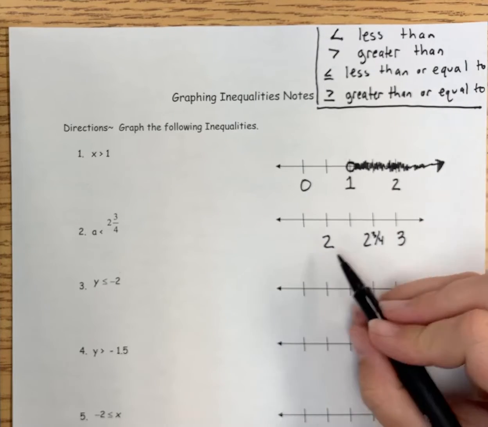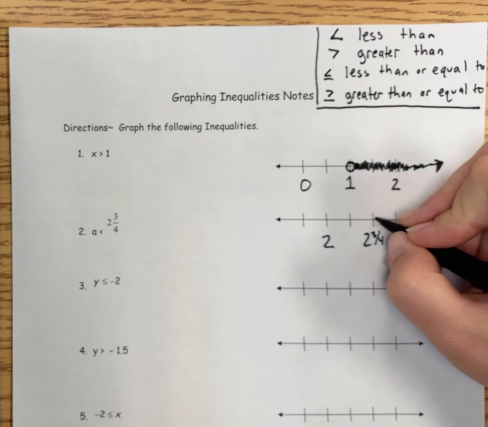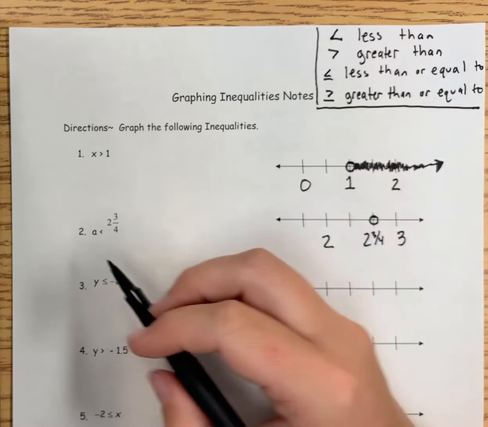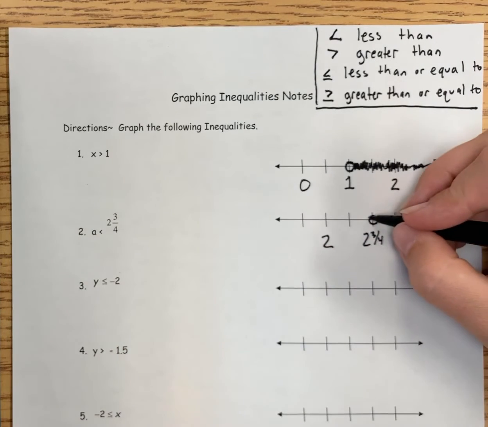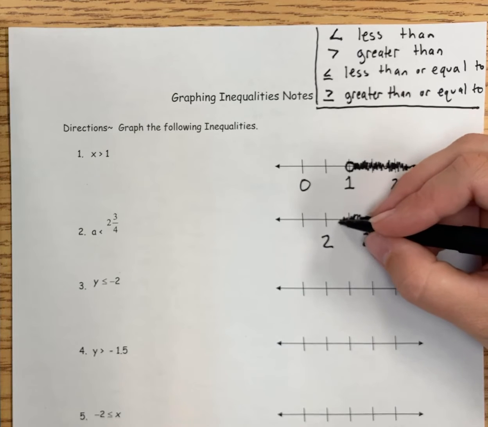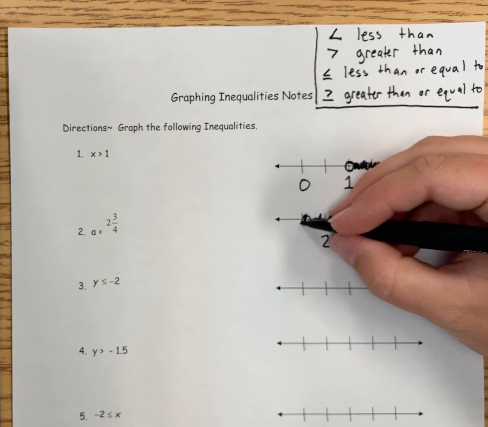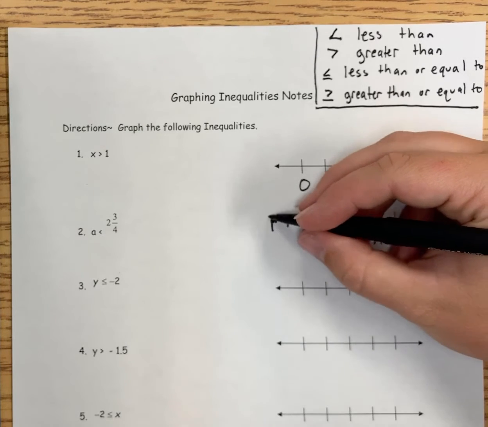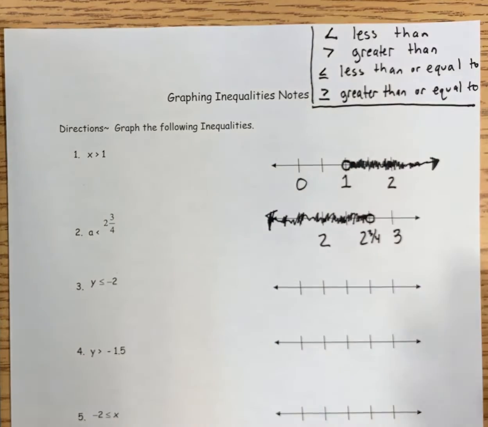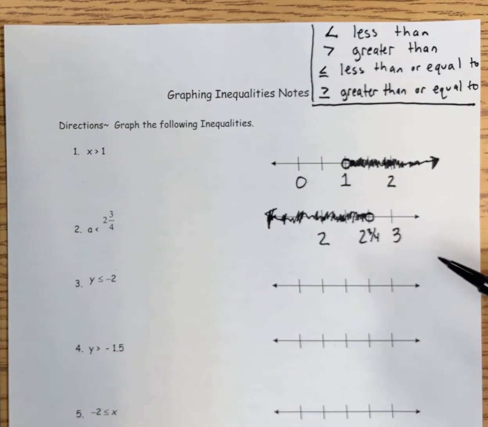So you know it's between 2 and 3. Again, you're going to have an open circle, and this time a is less than, so you want to get all the numbers smaller than 2, or sorry, smaller than 2 3/4. Holy cow, my bad, guys. So all the numbers smaller than 2 3/4.